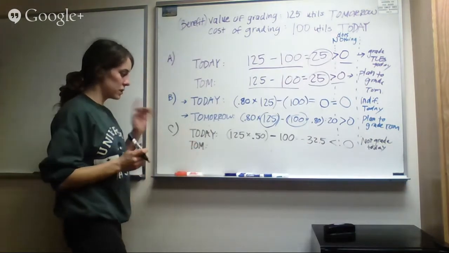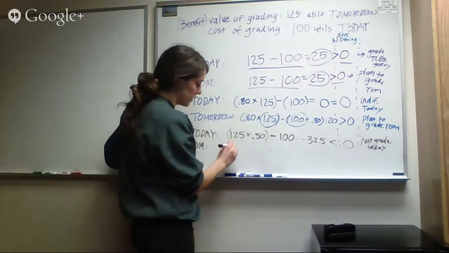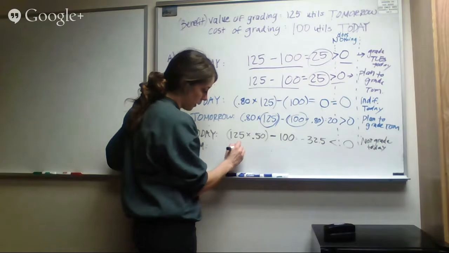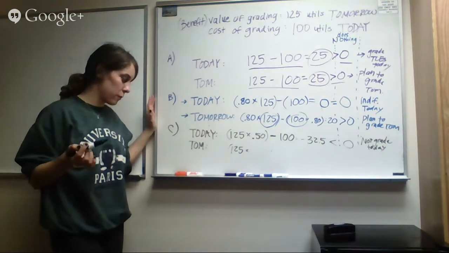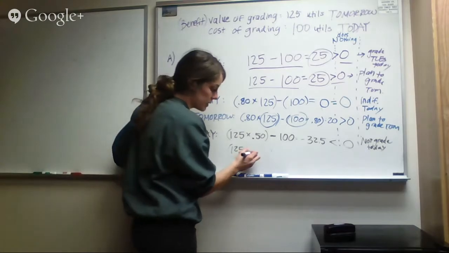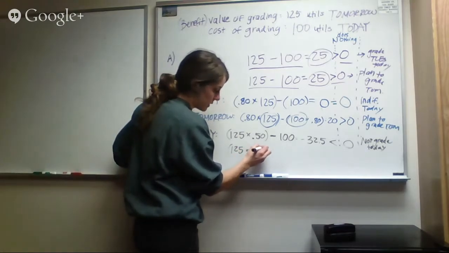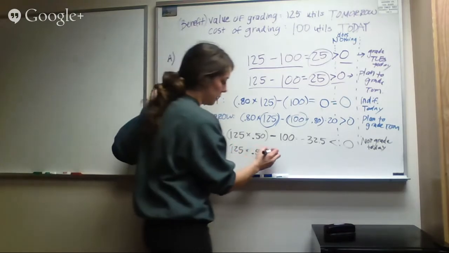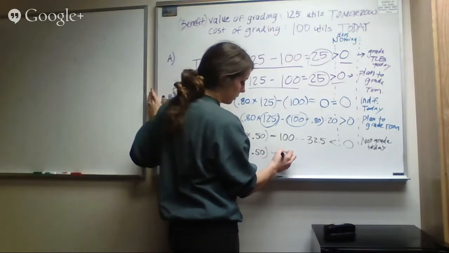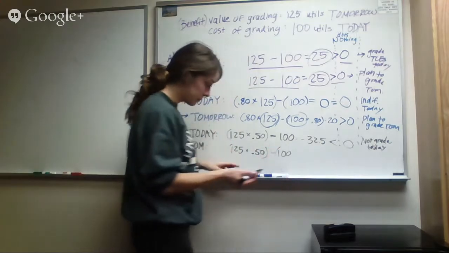So let's check to see if he wants to grade tomorrow. So he's going to do 125. That's how much benefit he's going to get from grading, but he's going to discount that by 50% because it happens in the future. But he's also going to have to consider the cost.